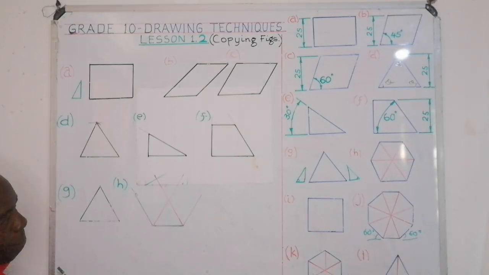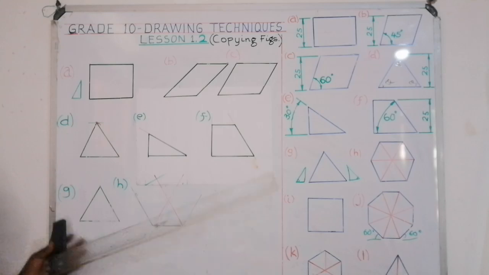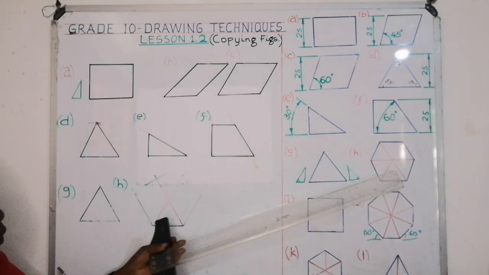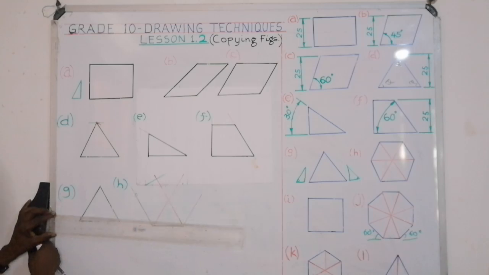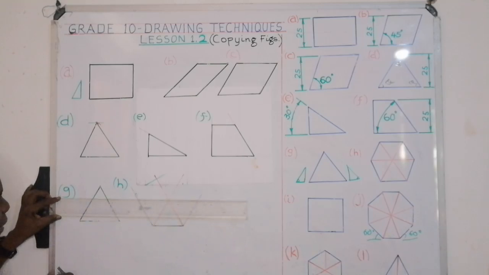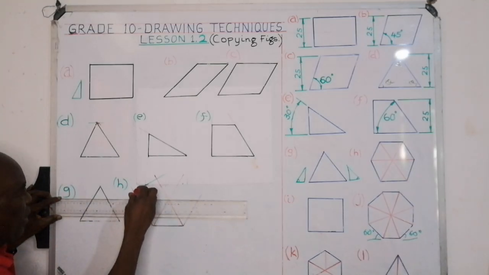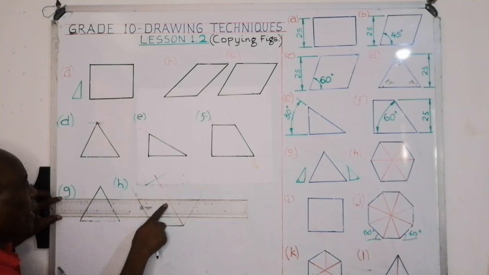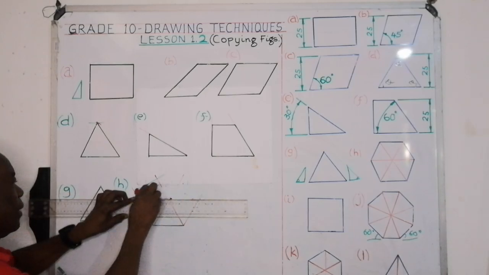Like that. And then, as you can see, this line is passing through the intersection of the two there. So if you draw a line like this, it will give you the other corners of the hexagon, like that.